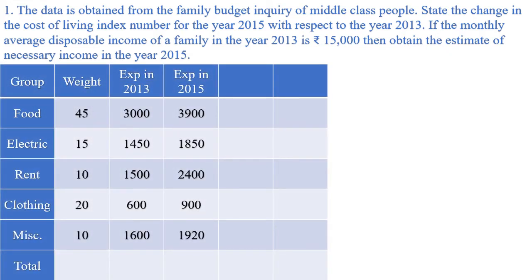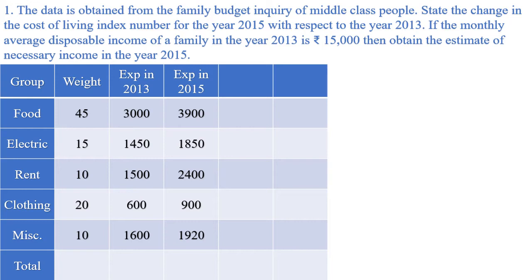Now this is the question. We have the groups: food, electricity, rent, clothing, miscellaneous. We have the weights, that is W: 45, 15, 10, 20, 10. We have the expenditure in 2013 and expenditure in 2015. As you can see in this question, weights are directly given.